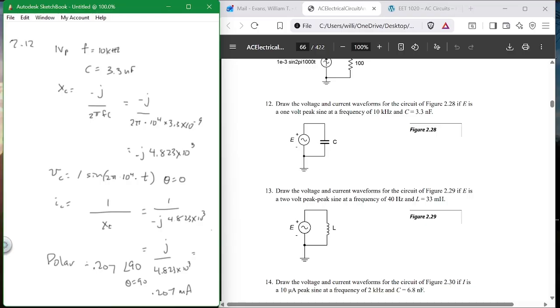So if you were to write the equation for the current, you'd say I sub C equals what? 0.207 sine of 2 pi times 10 to the fourth T plus 90 degrees. Everybody follow that?